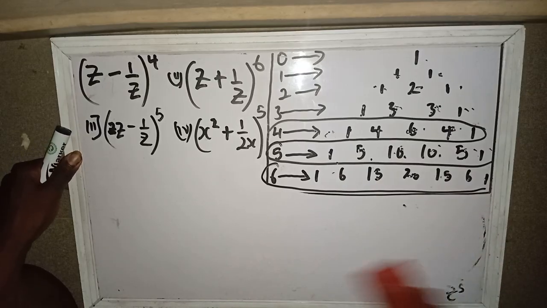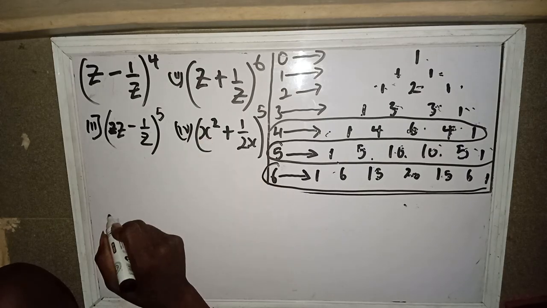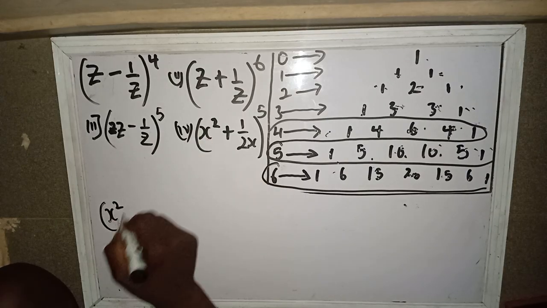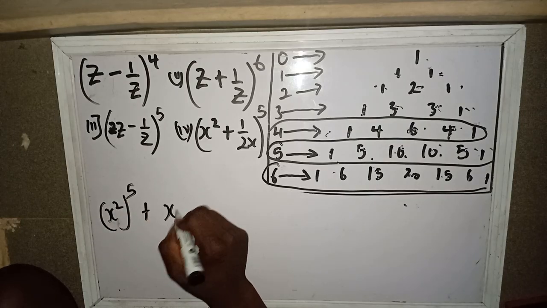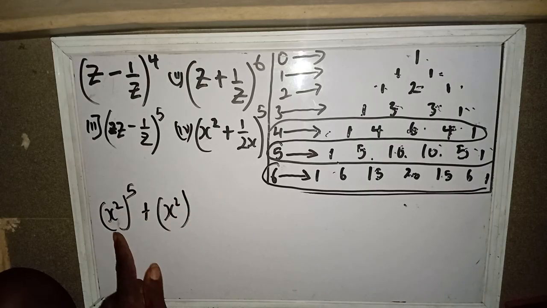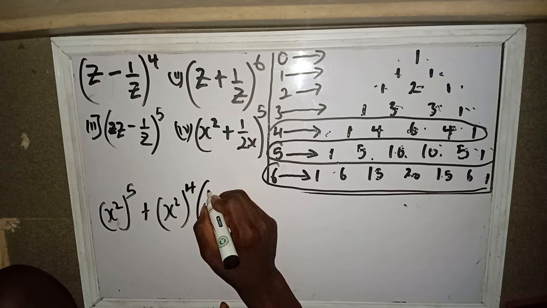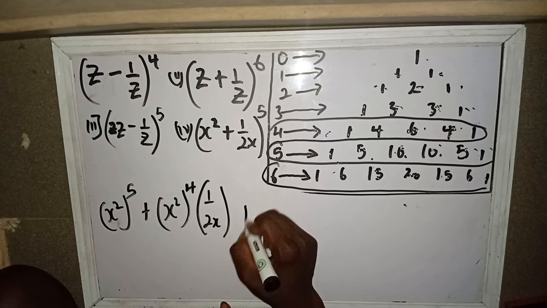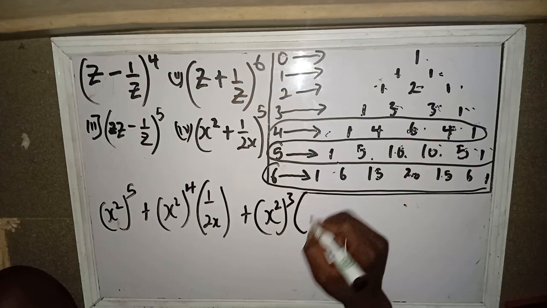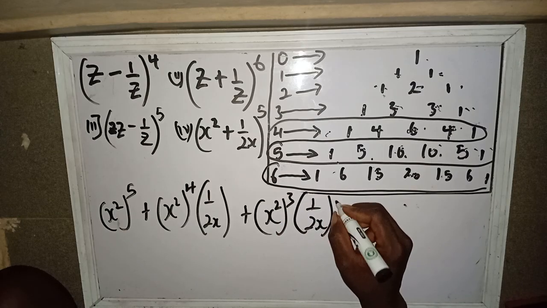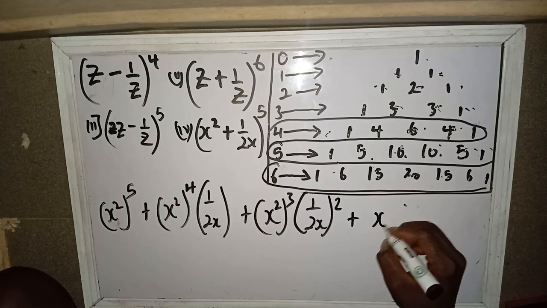Very beautiful. So the next one, here we have s square. The first one, s square, take it to the power of 5, plus s square. Don't make the mistake of writing x alone. It is s square that we have there. Reduce it by 1, then 1 over what? 2x plus s square. Reduce another 1, then 1 over what? 2x all squared plus s square.